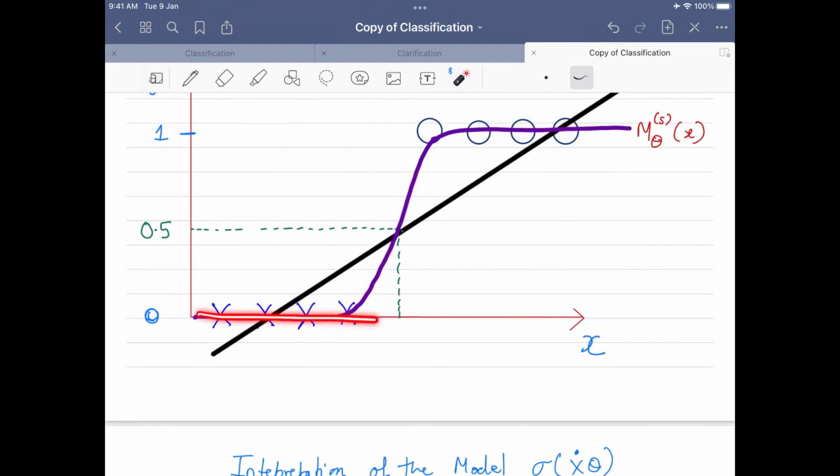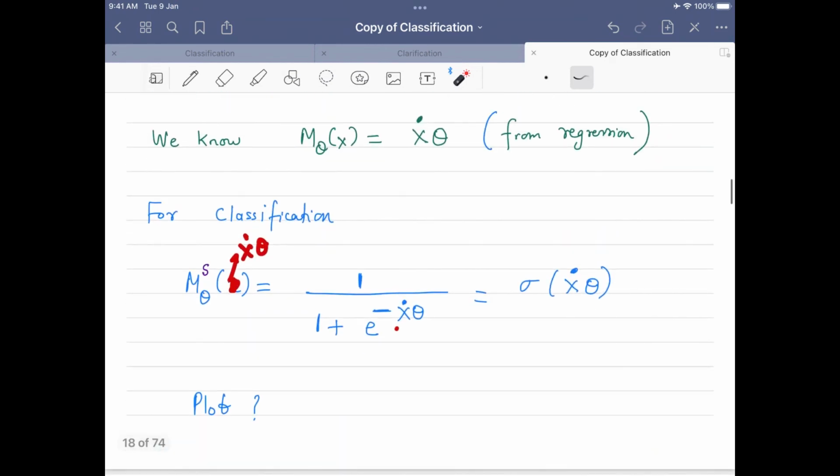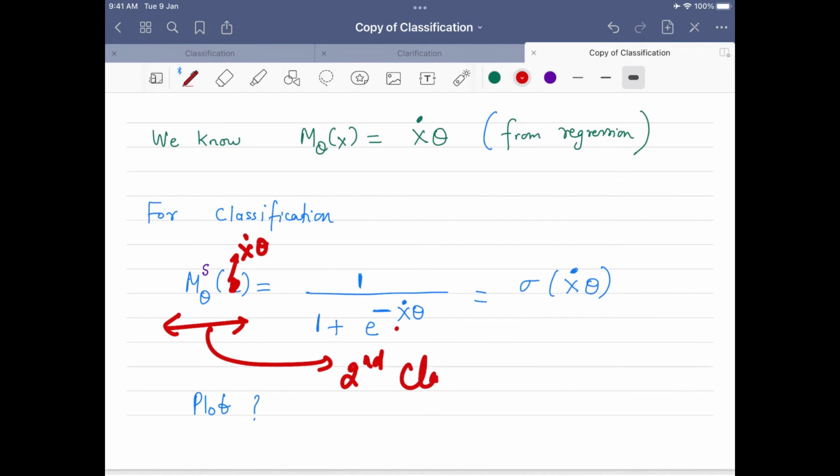Earlier it was a step function, which created a problem, but now you have replaced it with the smoother, differentiable version. So we can use our second approximation of the model, not using the unit step but using this. This is again the second classification model.